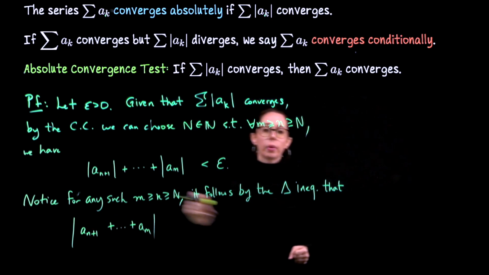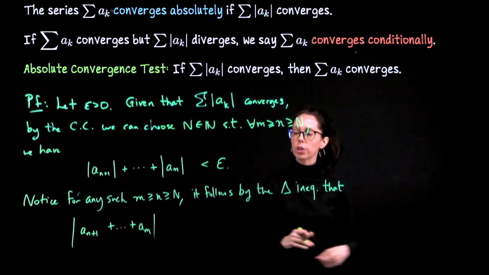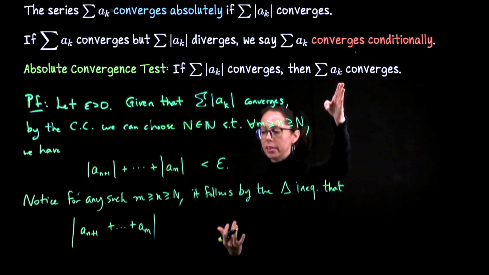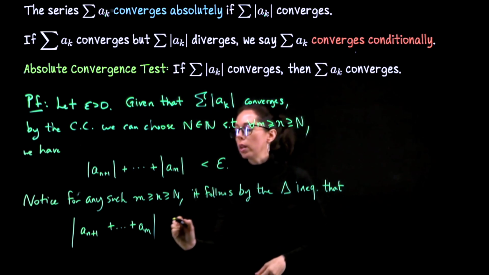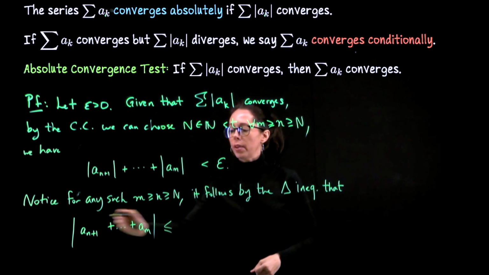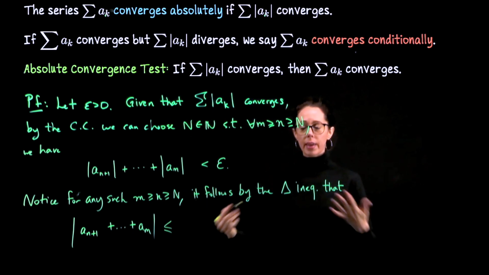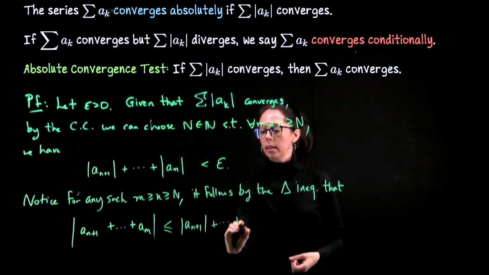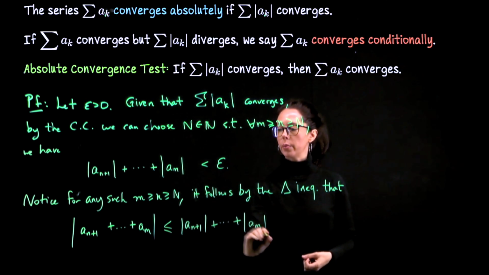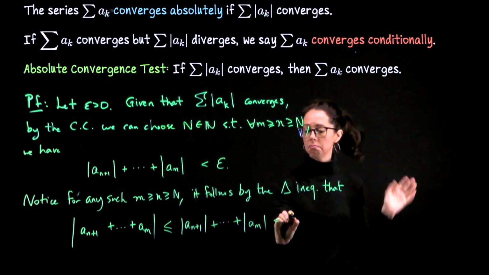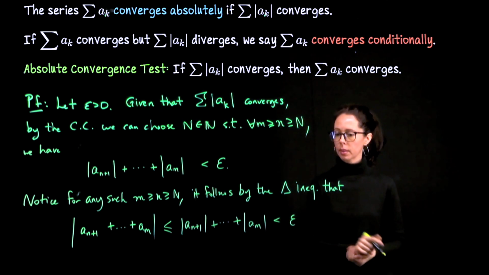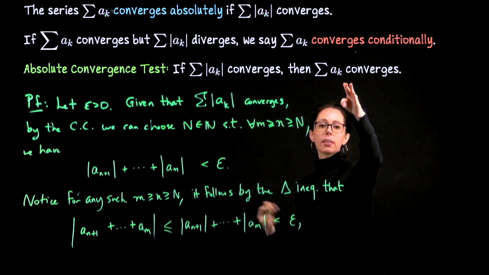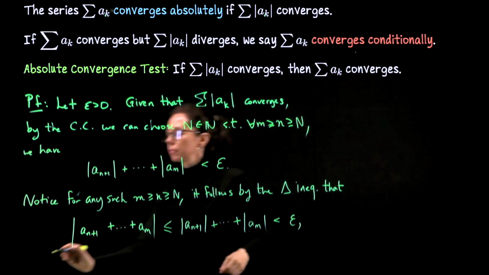This is the quantity that we want to understand in order to apply the Cauchy criterion to this mysterious series. But with the triangle inequality, we can say that the absolute value of the sum is less than or equal to the sum of the absolute values. And that is exactly the expression that we have here. So we know already that it's less than epsilon.